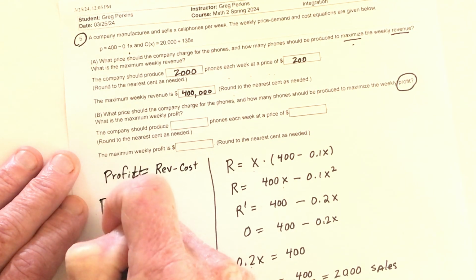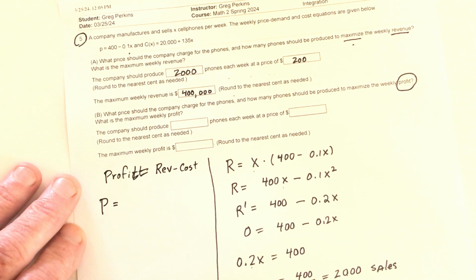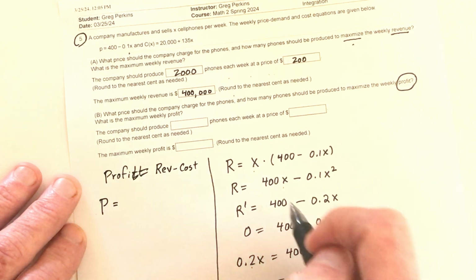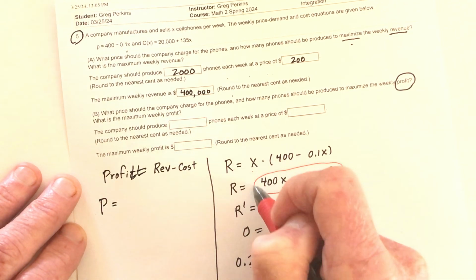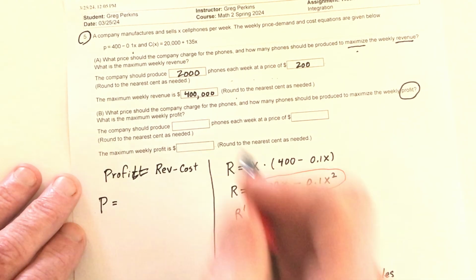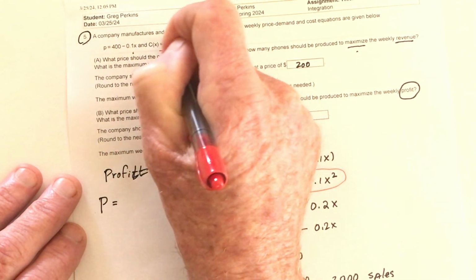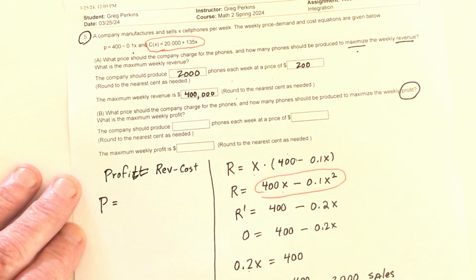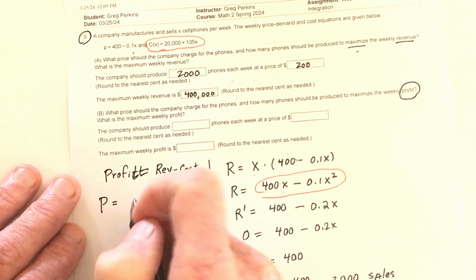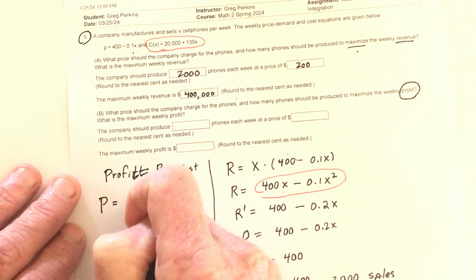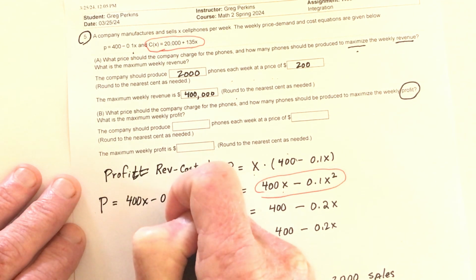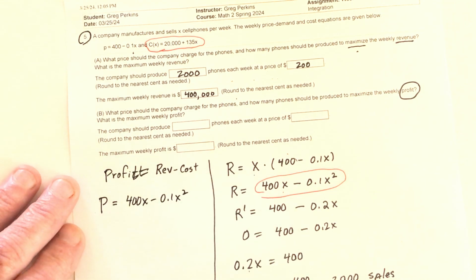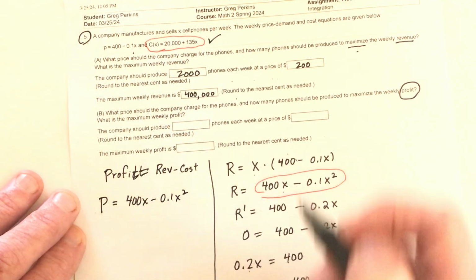So profit is going to be the revenue function, which is this one. And then minus the cost, which is this one. So profit equals the revenue, which is 400x minus the 0.1x squared, and then subtract this function.